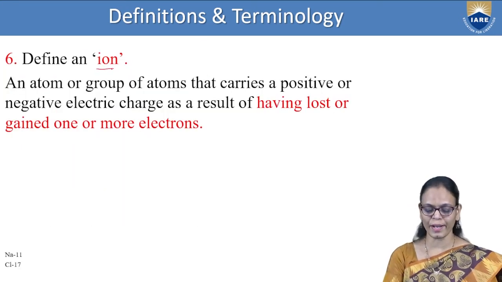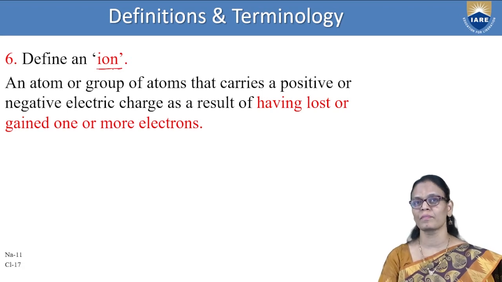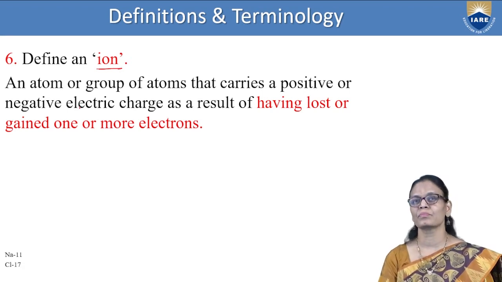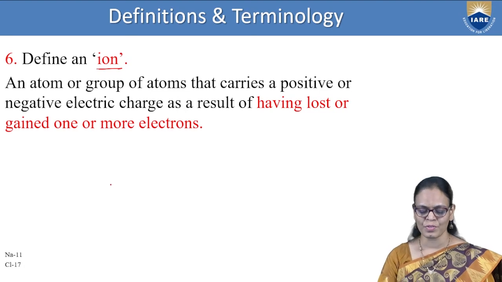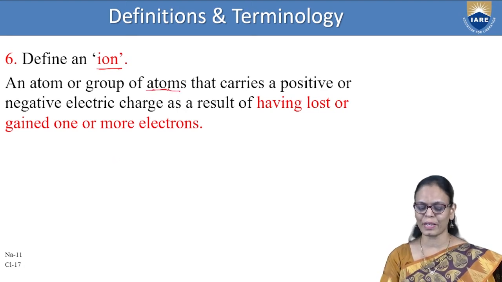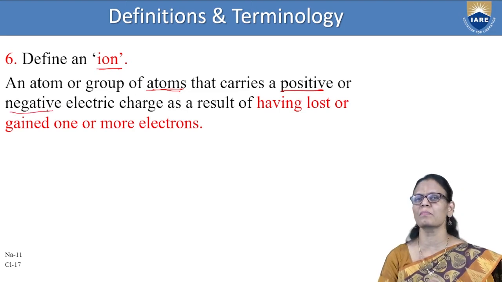Now define an ion. What is an ion? An atom or group of atoms that carries a positive or negative electric charge. So how does an atom become positive or negative electric charge? This is the basic question which all of you must be knowing.